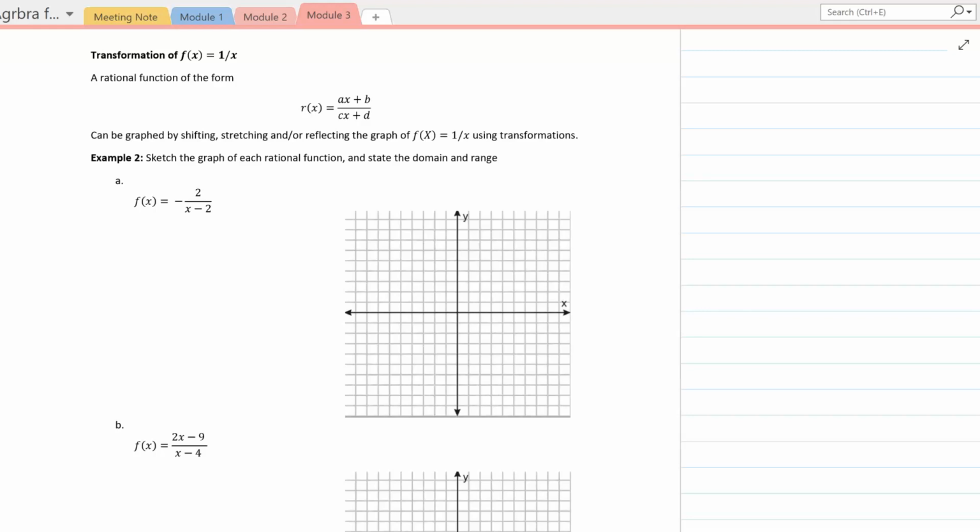We can sketch the graph of a rational function by using transformations. For example, given f of x equals negative 2 over x minus 2, we can see that this graph is moved to the right 2 units.